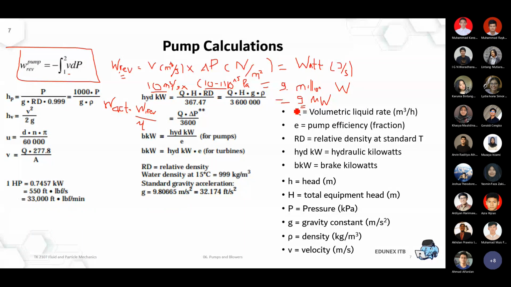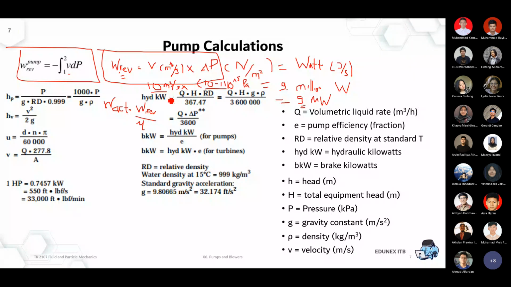The deviation between the actual and the ideal would be the heat loss to the environment. Any question about the pump calculation? Just remember that it's as simple as volume times the delta pressure, divided by the efficiency later on.